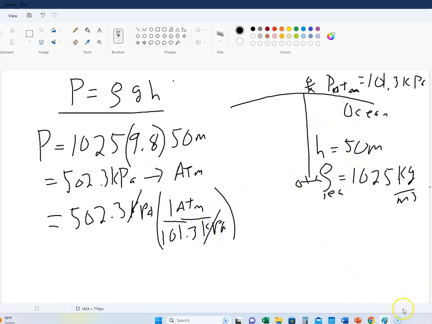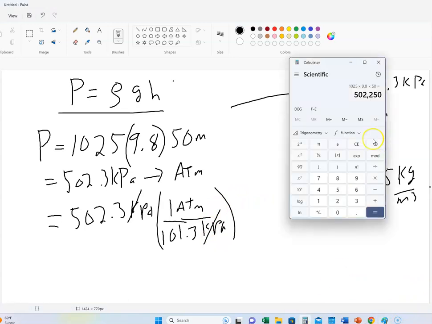Let's get this number. I have the exact number right here, so I'll just change it. It's 502.3 kilopascals divided by 101.3. This is how many atmospheres.